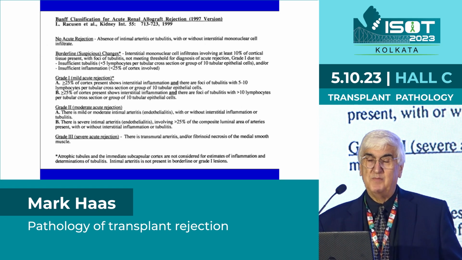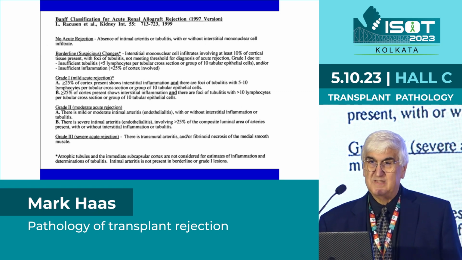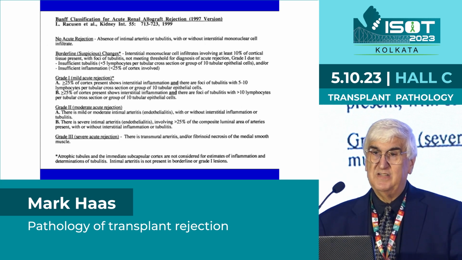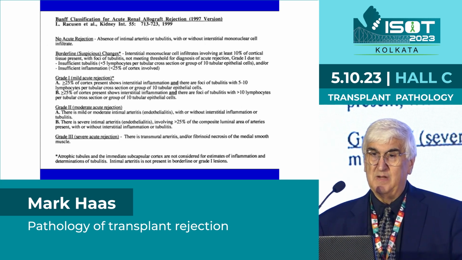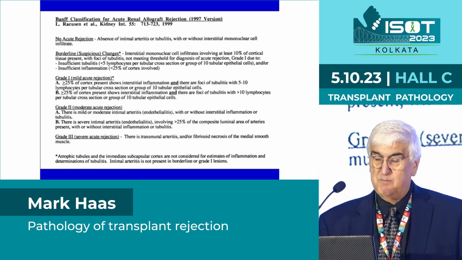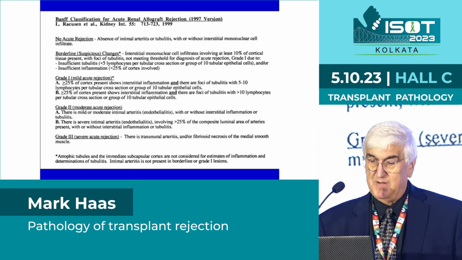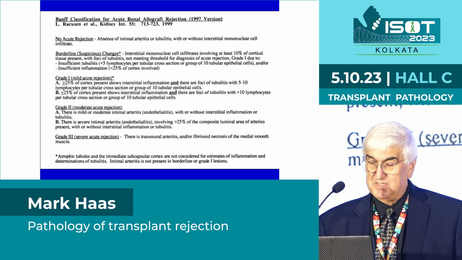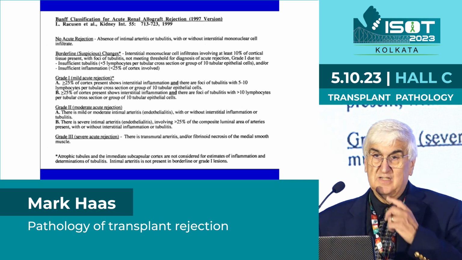This has been a problematic category almost since the inception of Banff, since some borderline lesions do appear to behave like mild rejection and others do not. Importantly, when grading inflammation for acute cell-mediated rejection, areas of interstitial fibrosis and tubular atrophy are not scored.